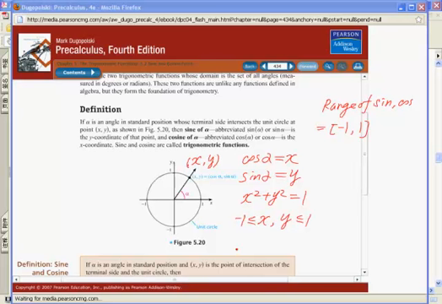Now, how about the domain? What is the domain of the cosine and the sine? We know the domain is the set of inputs that this function can take, right? So that is all possible values of alpha. Right now, this alpha can be any real number. If you rotate this terminal side counterclockwise, you get a positive value. If you rotate this terminal side clockwise, you get a negative value.